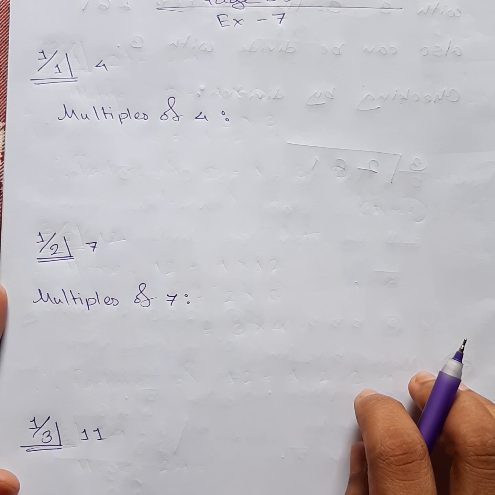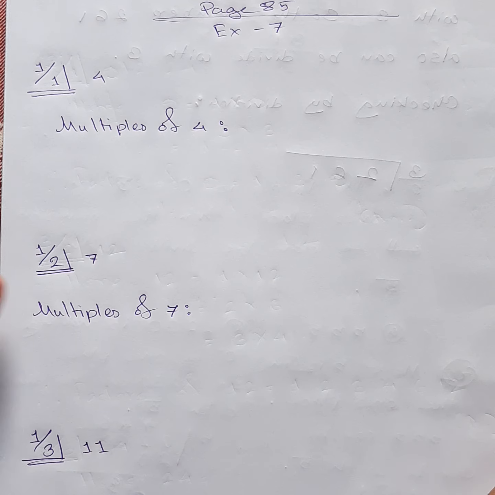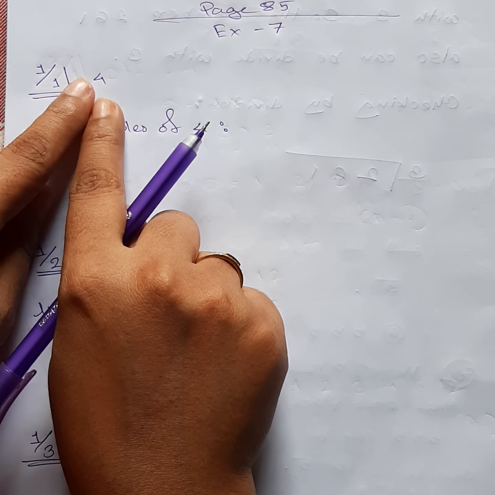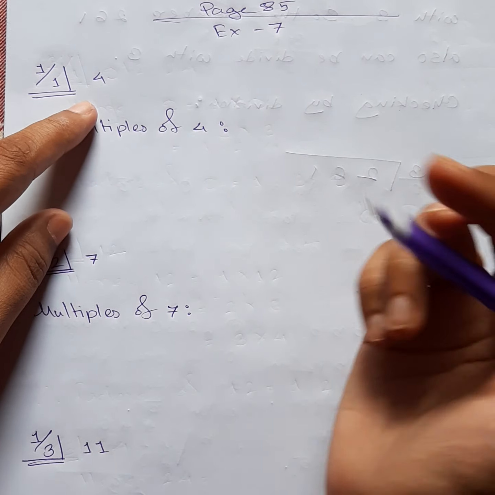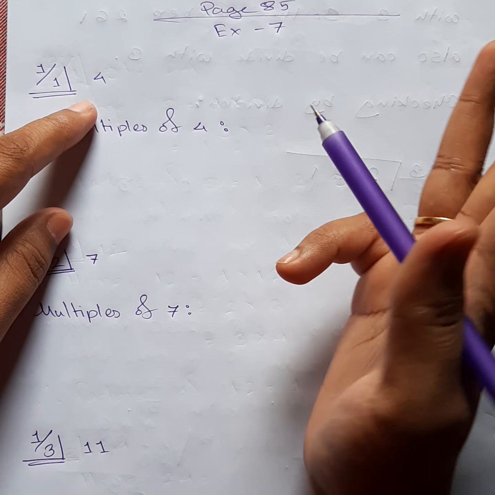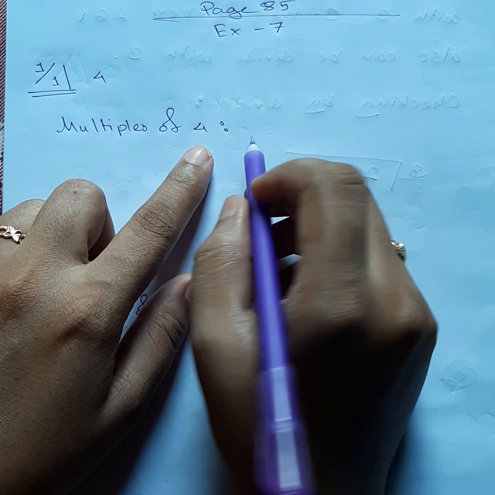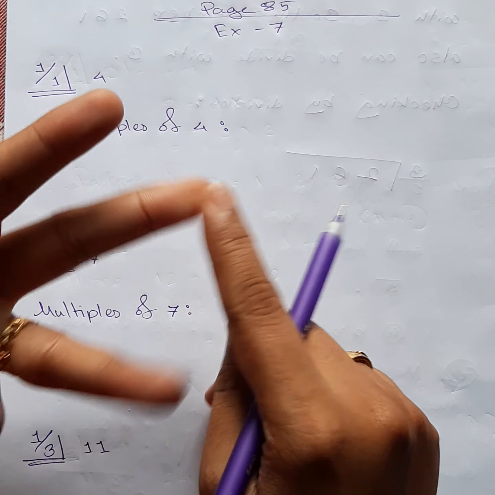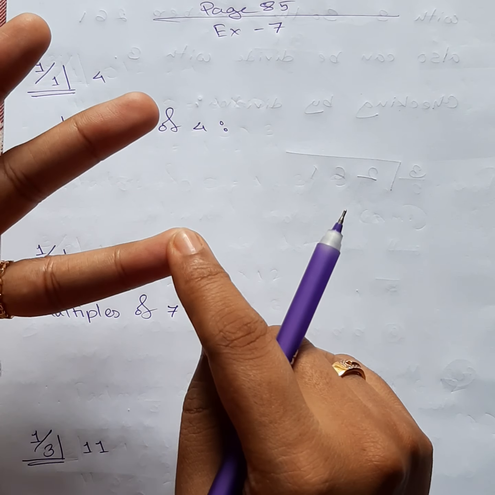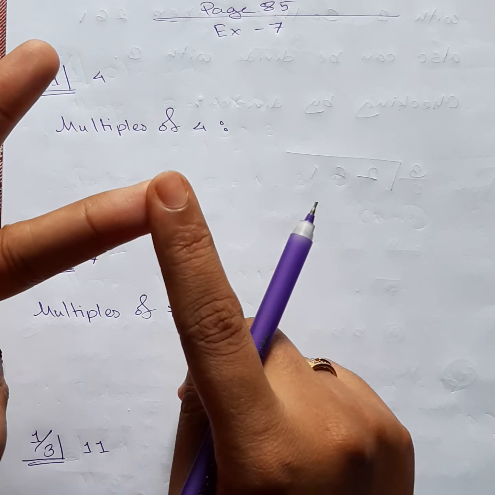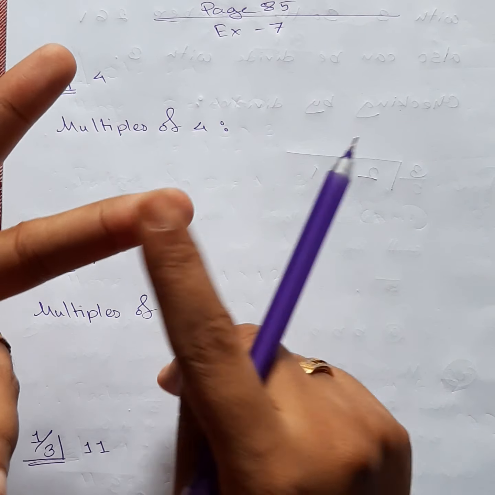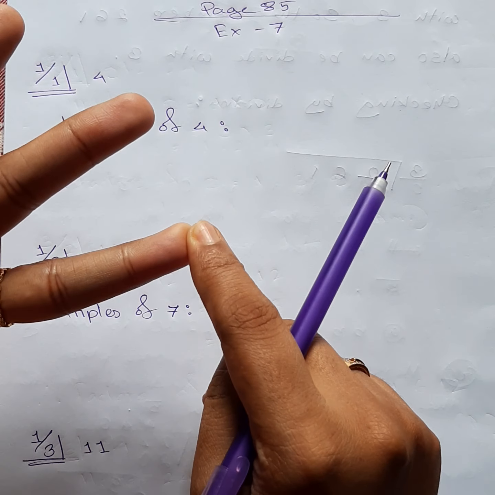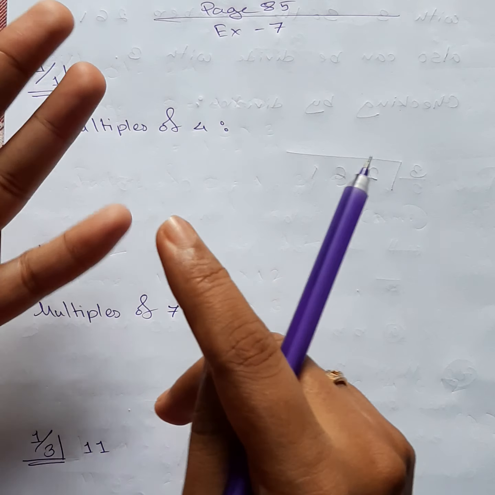So let's see. The multiples of 4, we have to write down 3 multiples. Okay, how many multiples? 3 multiples. You can start from like 4 ones are 4, 4 twos are 8, 4 threes are 12, or you can also start from 4 twos are 8, as 4 is already written, then 12, then 16.